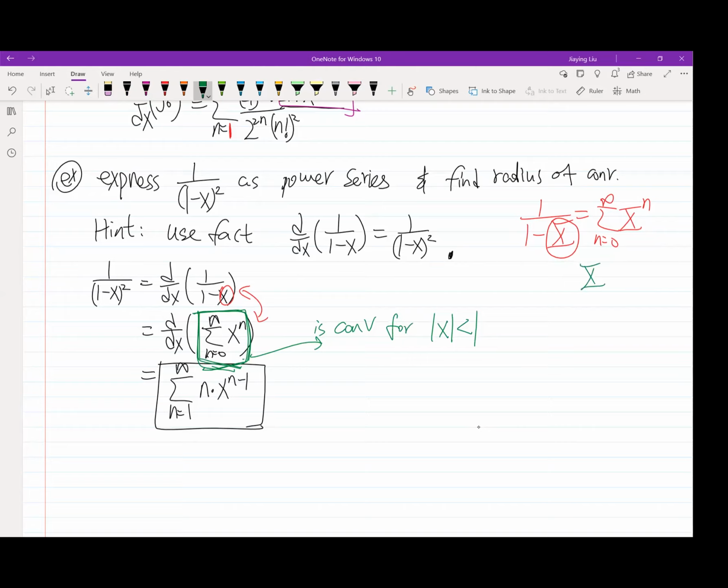Because capital X in absolute value has to be less than 1 in order for the general case to be true. In this case, it's just lowercase x has to be less than 1. And R equals 1 is the radius of convergence before we take the derivative.